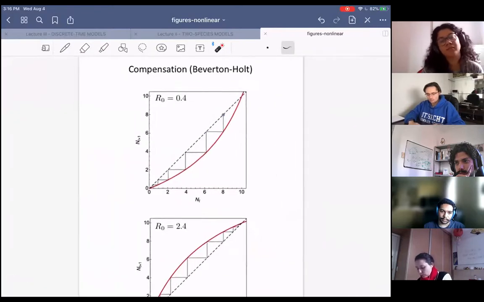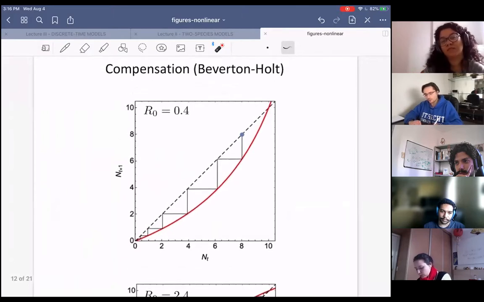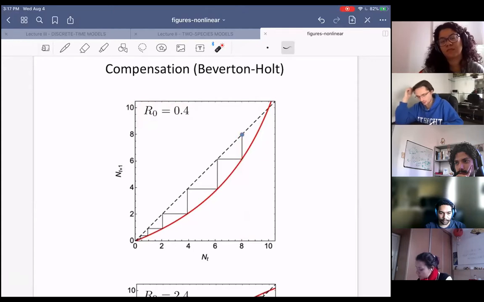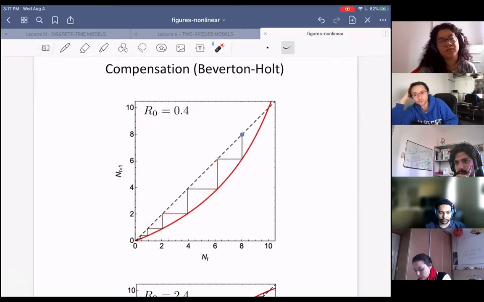So more clearly, this is the same model, but with a different R0 value. And here you see what I was trying to explain before. I start with some initial population size, in this case I chose 8. I have 8 individuals. Then I go to the 1-to-1 line and I go down, 1-to-1, down, 1-to-1, down, and eventually I go to 0.